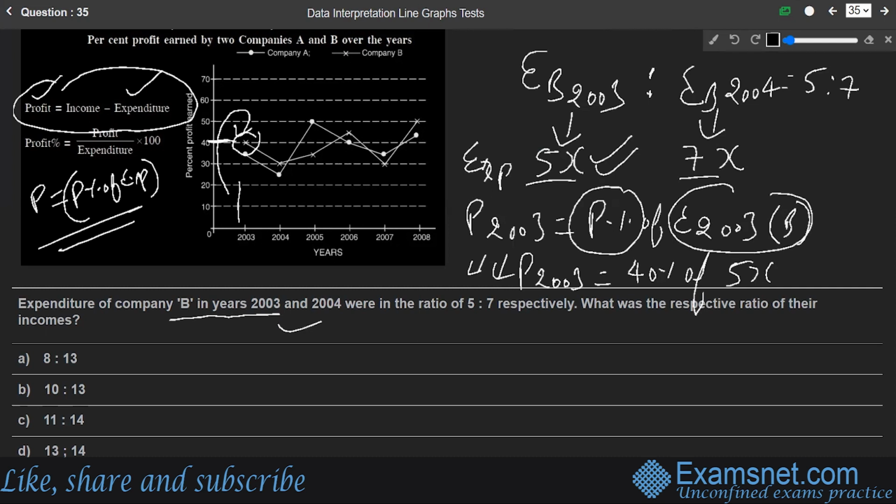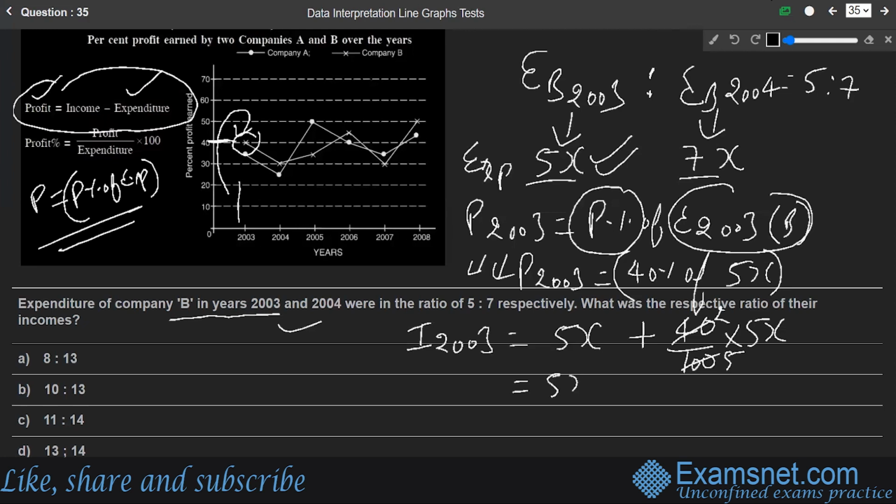Now, the income in 2003 will be what? Obviously, the expenditure value, that was 5x, plus the profit value, which is 40% of 5x, which is nothing but 40 by 100 of 5x. If we solve this further, this comes out to be 5x plus 40 by 100, and 40 by 100 can be cancelled by 20 to give 2 by 5.